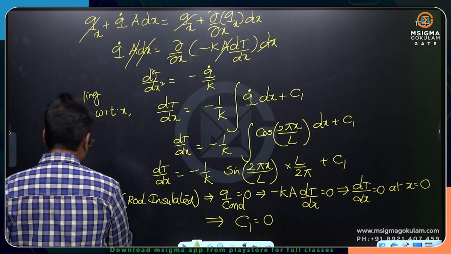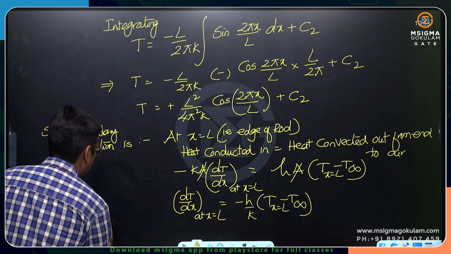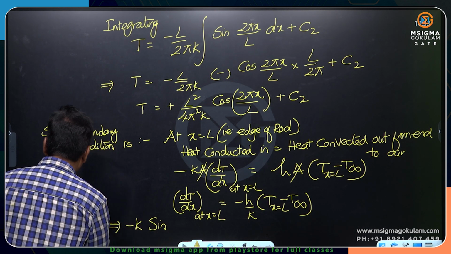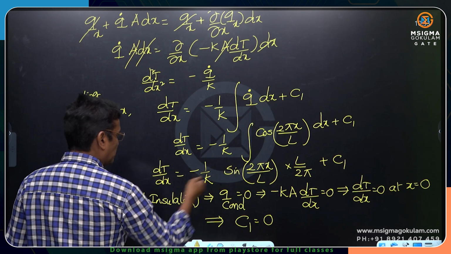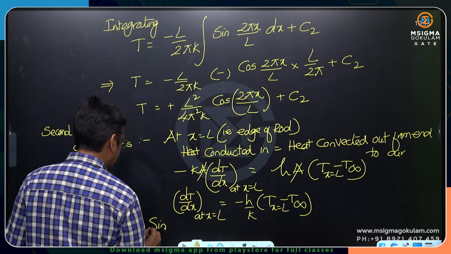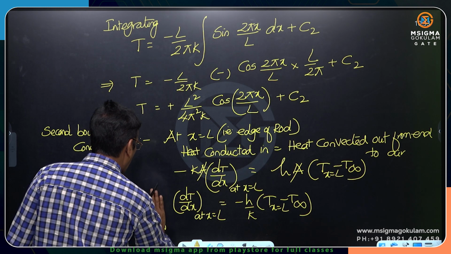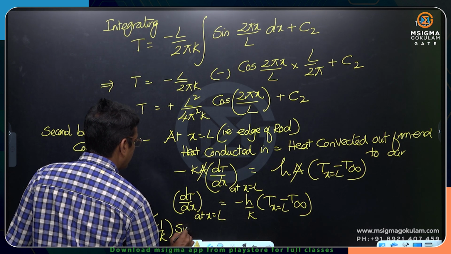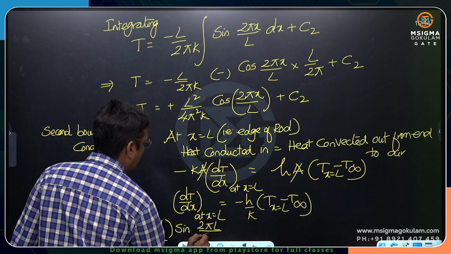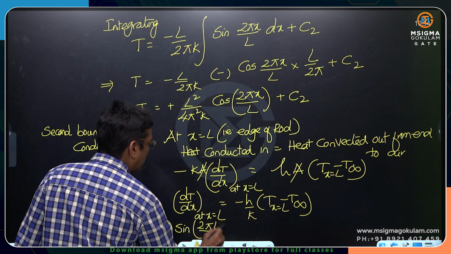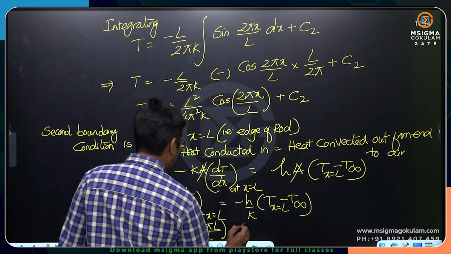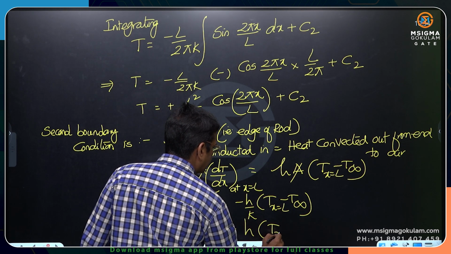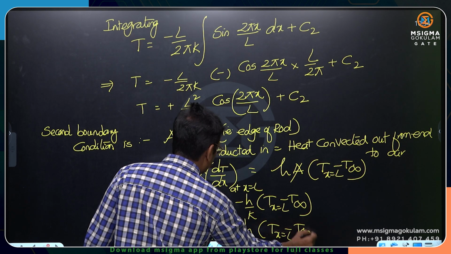Now if you write minus k into, what is the dT by dx? Minus 1 by k sine 2 pi x by L. Minus k into minus 1 by k sine 2 pi L by L at x is equal to L should be equal to h into temperature at x is equal to L minus T infinity.